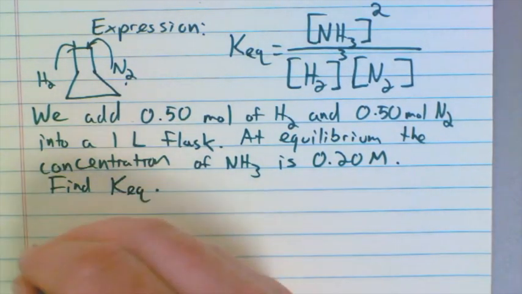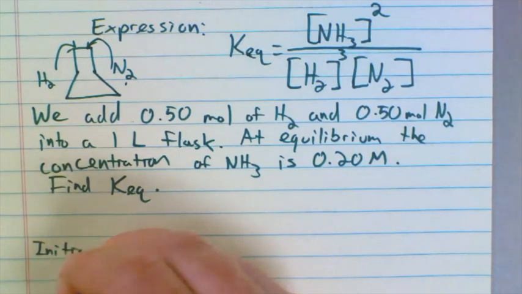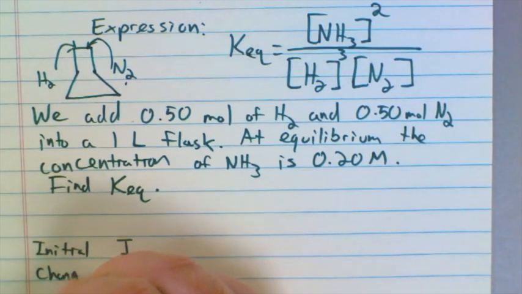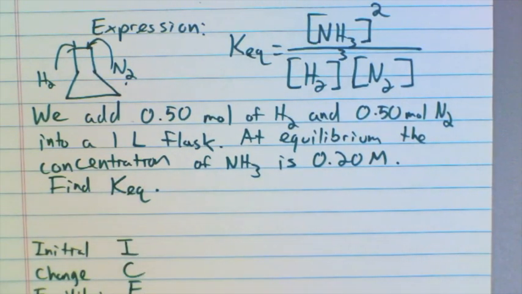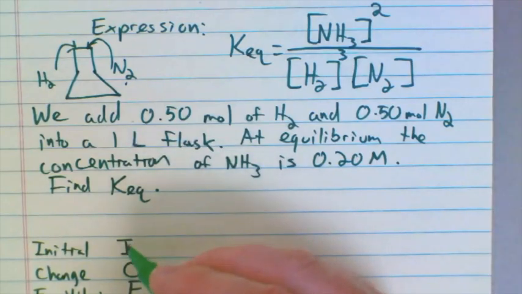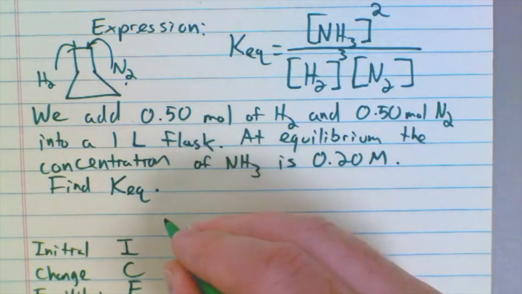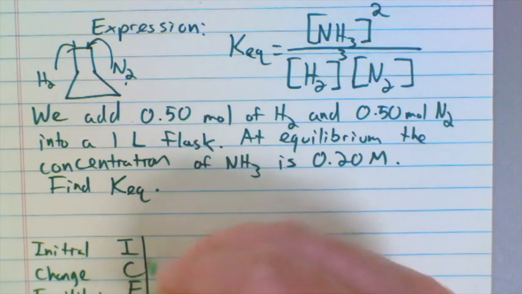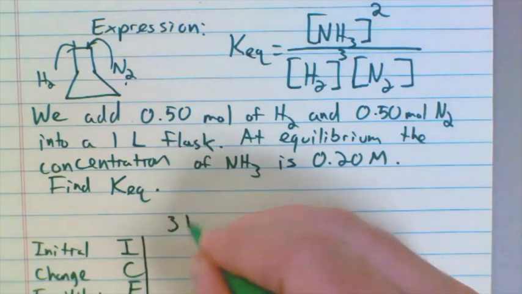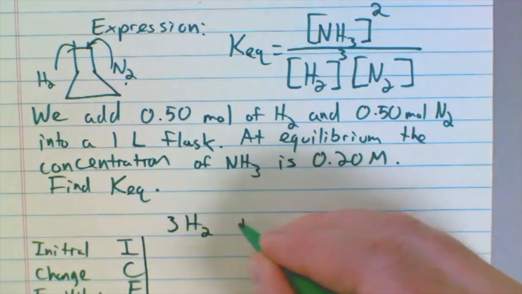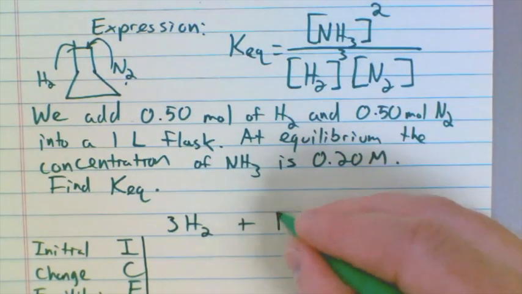What ICE stands for is initial, change, and equilibrium. With this, we're going to make a little box. It's called the ICE box. The first thing you do is put the letters ICE down like a left-hand column. Then across the top of the ICE box, you write the equation for this reaction.